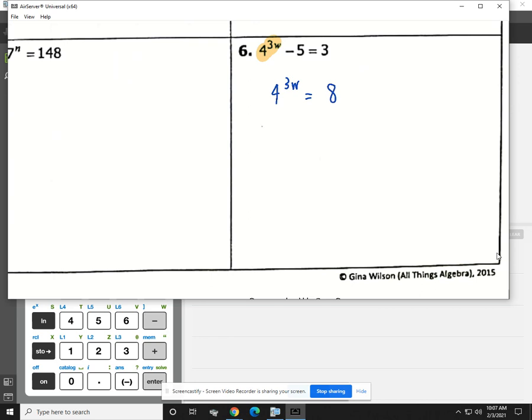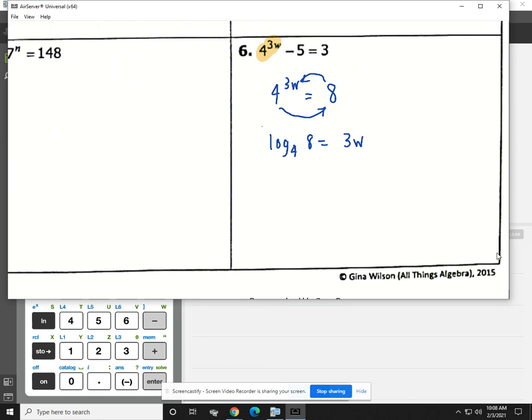All right, now, do we have that exponential expression isolated? So we're ready to rewrite it as a logarithm. What's the base of your exponent? 4. So log base 4, and then we loop, right? Log base 4 of what? 8. And what does that equal? 3w.